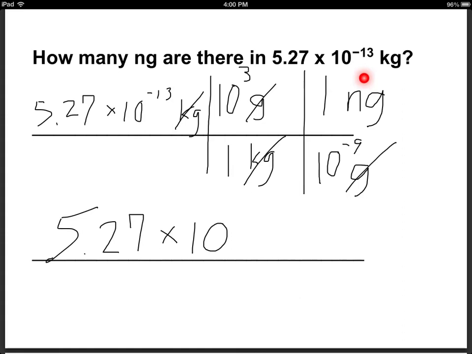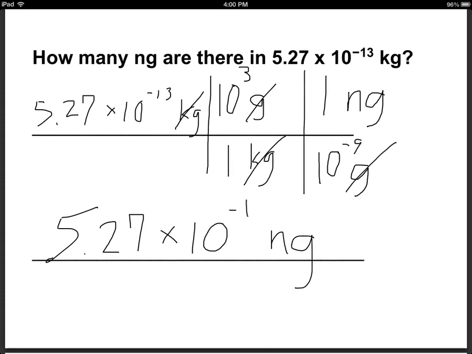So 9 and 3 is 12, and so really we have 10 to the negative 13th, and 10 to the positive 12, which means that we actually just have times 10 to the negative 1 nanograms, and that's my answer. We'd probably like to see those nanograms.